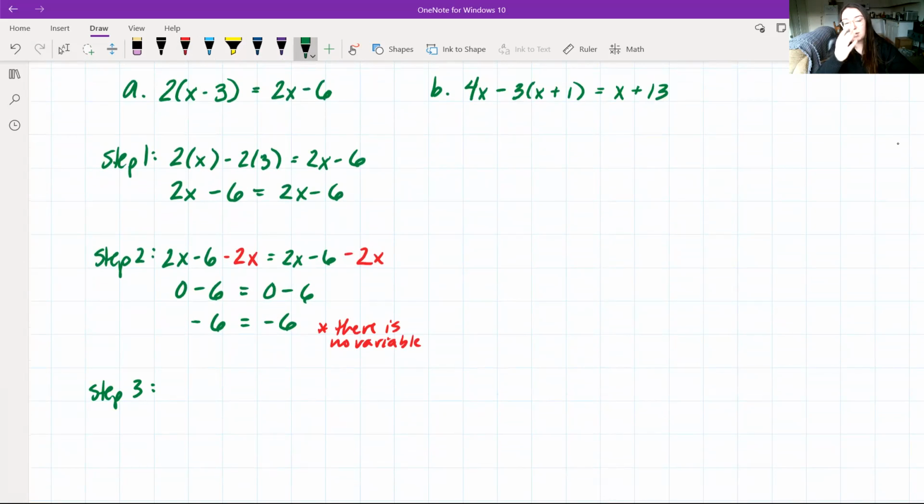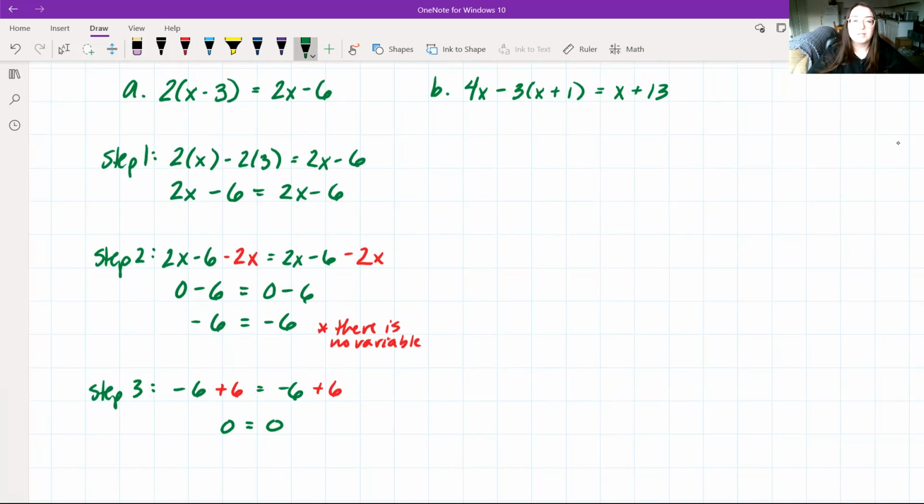So when we go to our step 3 and we put our constants to one side, for example, we can say, well, let's put the negative 6 on the right-hand side, and we want to add 6 to both sides in order to get rid of it on our left-hand side. This is just going to give us 0 is equal to 0.